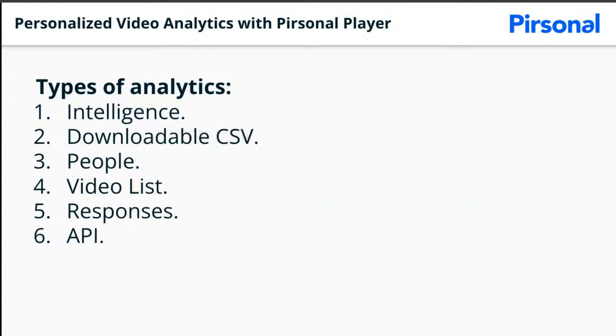I'm going to cover all of them so that you can see the different ways you can access data, so you can understand the performance of your personalized video campaigns, automations, workflows, how people are engaging with these videos in a simplified way that helps you get the information you need to take the next steps from a performance perspective, and also so that you can make business decisions based on the data you are gathering right from your Pirsonal account. Make sense? Okay, so let's start with the first one, intelligence.